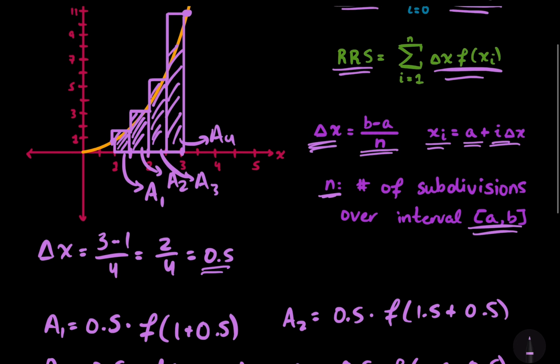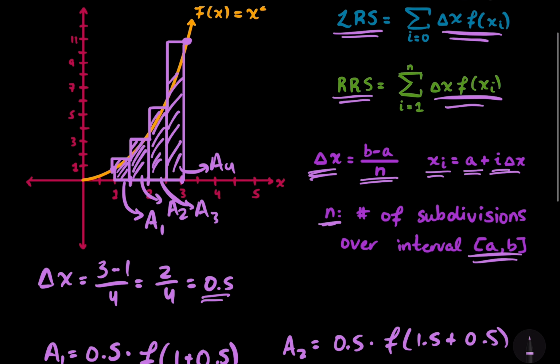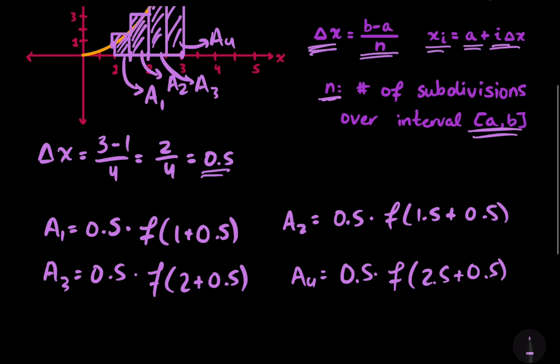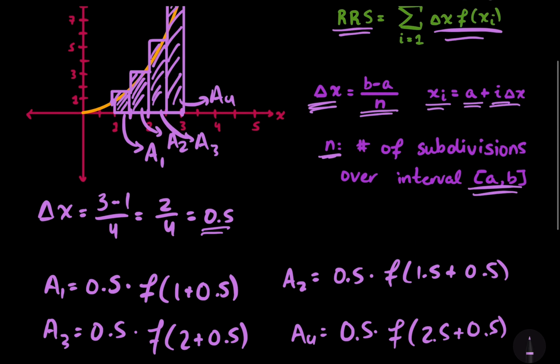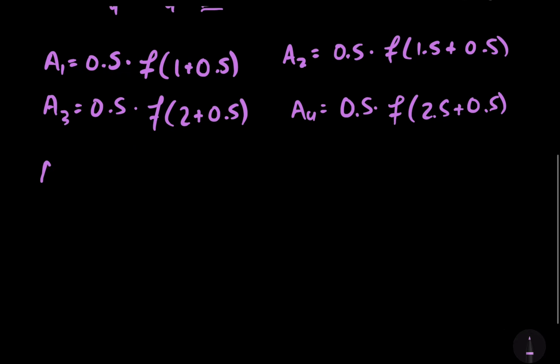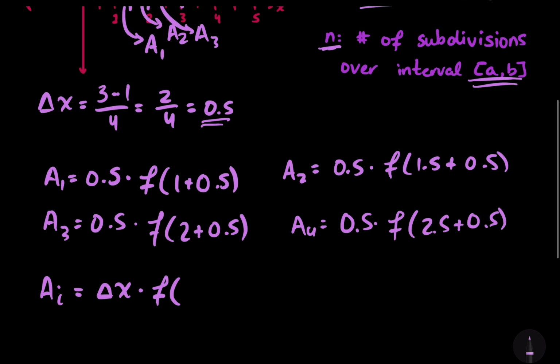Now, how can we generalize this notion? Well, it seems like each time for our right Riemann sum, for the height of the function, we're just taking the x value at the left-hand side of our subinterval, and we're adding it to the increment, to delta x. So in general, we can say that A sub i is going to be equal to delta x times f of, what is this going to be?